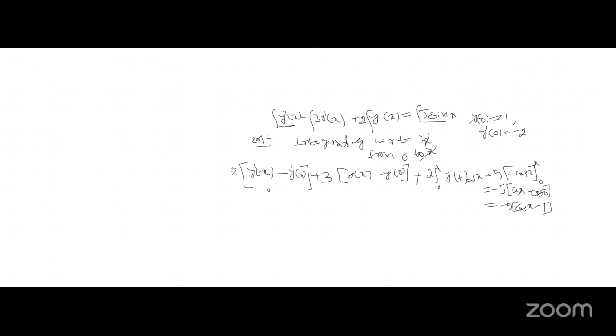From here we can write 5 into 1 minus cos x.